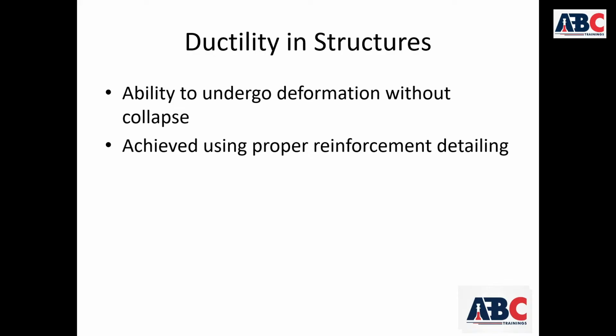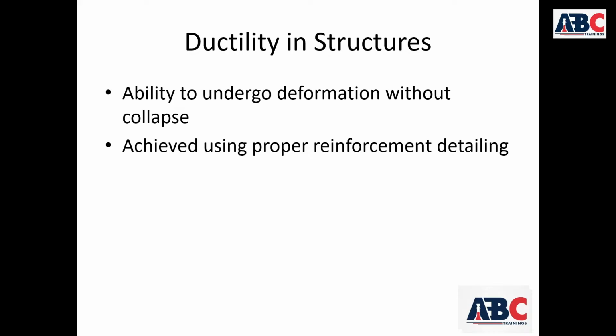Next is ductile versus rigid behavior. You can explain this with a simple example. Imagine bending a plastic ruler and a glass plate. The plastic ruler bends significantly before breaking.